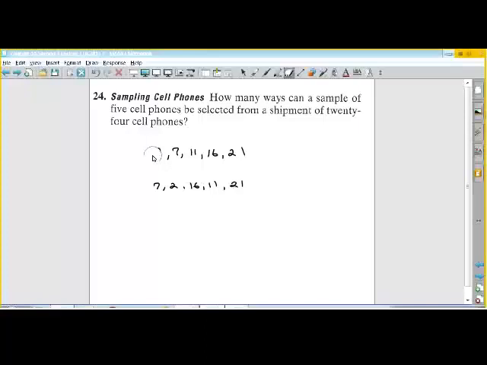So we're going to kind of answer the question here. The question that you want to ask yourself when solving these problems is, number one, is order important?